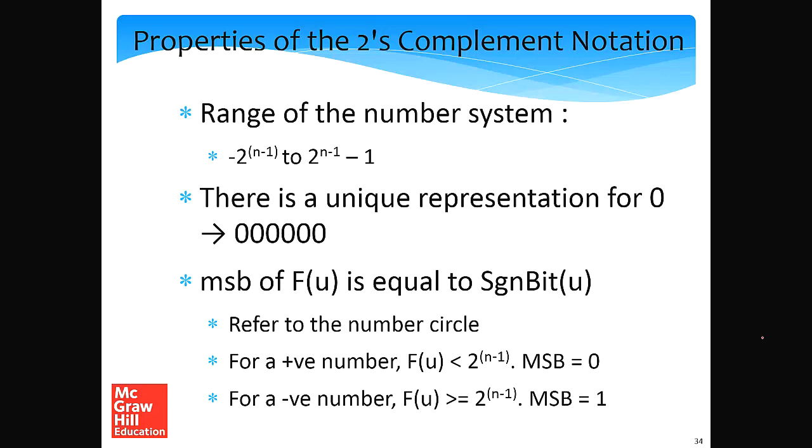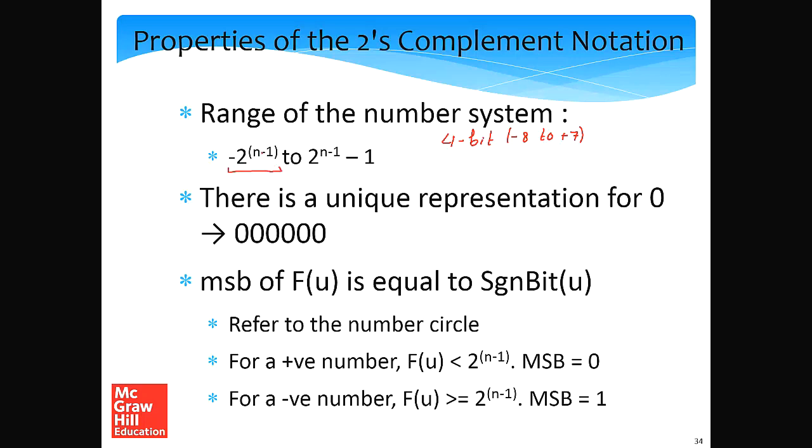Now let's consider properties of the 2's complement notation. Typically in any notation, the first property that we look at is the range of the number system. What we had seen is that for a 4-bit number system, the range was between minus 8 and plus 7. This can be extended to an n-bit number system, where the range is between minus 2 to the power n minus 1 and plus 2 to the power n minus 1 minus 1.